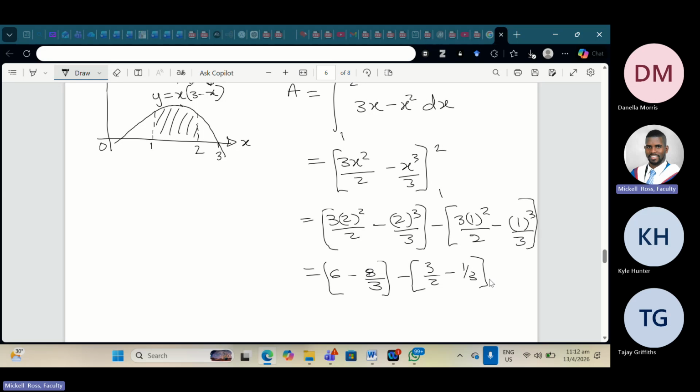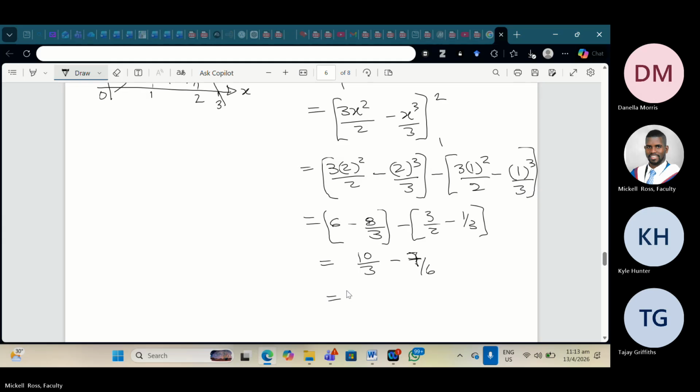So you have 6 minus 8 over 3, so we get 10 over 3 minus 7 over 6. So our final answer is going to be 13 over 6 units squared.